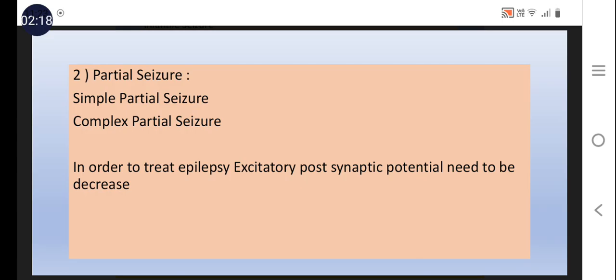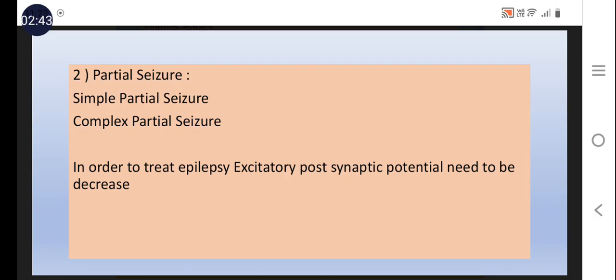Actually, seizure occurs due to an increase in postsynaptic excitatory potential. That increase needs to be balanced, and for that the inhibitory postsynaptic potential needs to be increased.